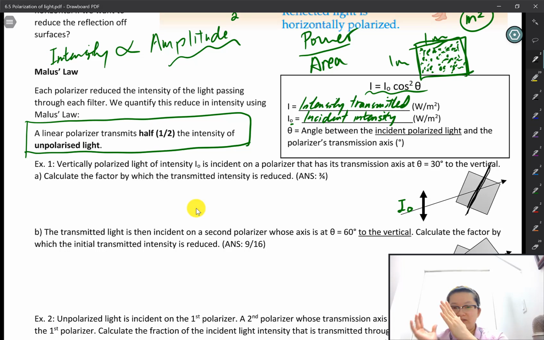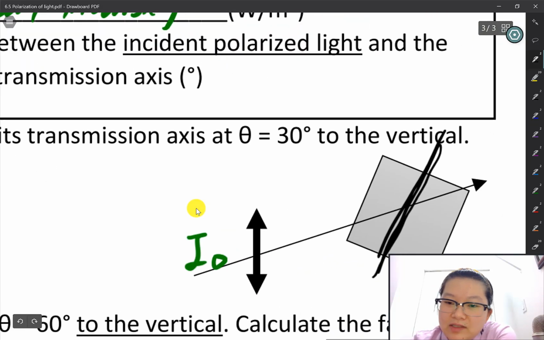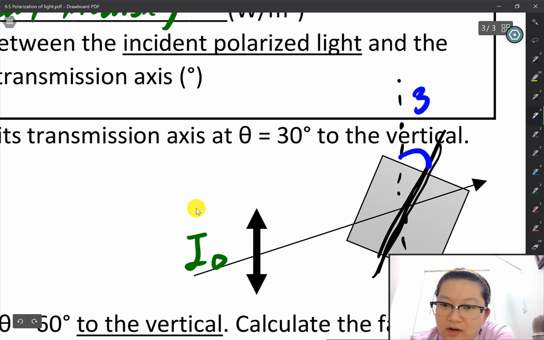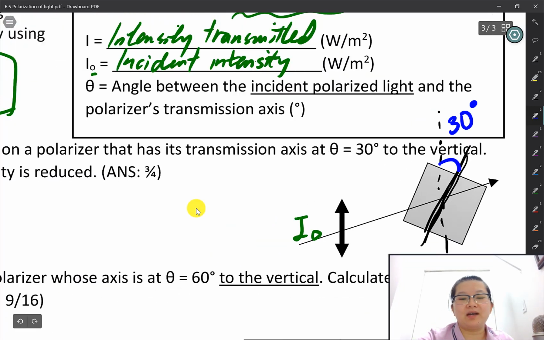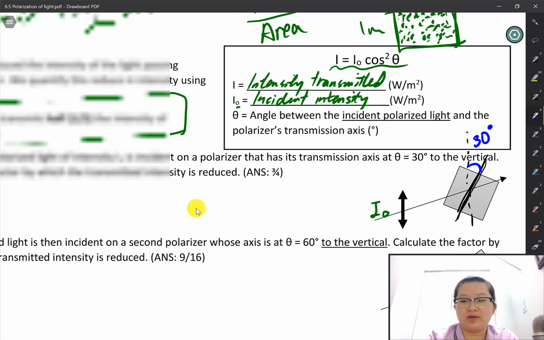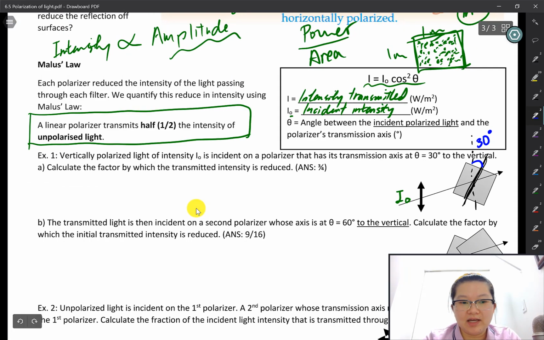The alignment of all those slits would be the transmission axis, and this one makes an angle of 30 degrees. So imagine the vertical is this one, and this one here is 30 degrees. So only part of that incident light is going to pass through because a component of it is at 30 degrees to that, okay?